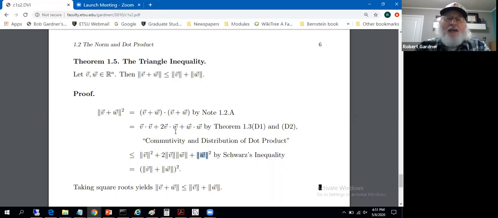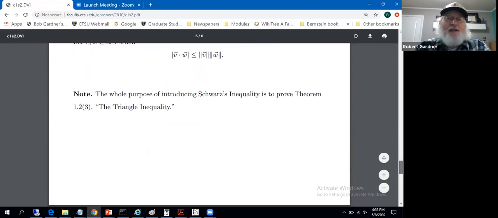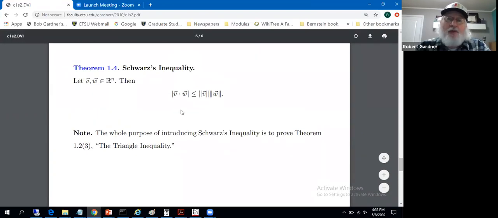But I know how big that is. V dot w is less than or equal to the norm of v times the norm of w. The twos along from the right came out of FOIL. That's exactly what Schwarz's inequality implies. Even without the absolute values, it still holds.